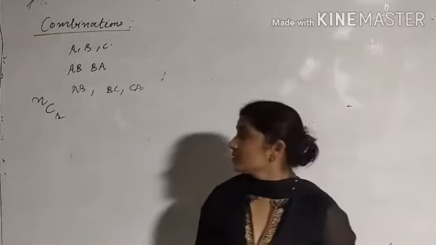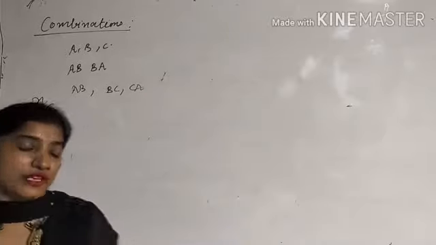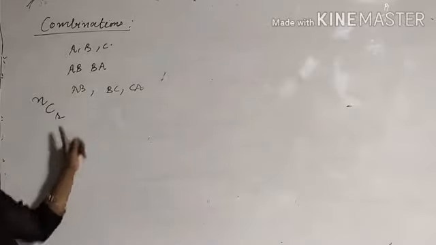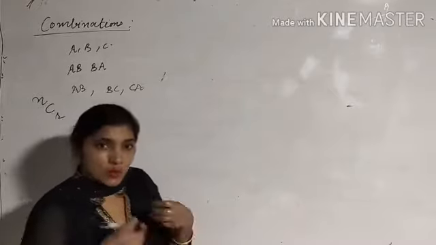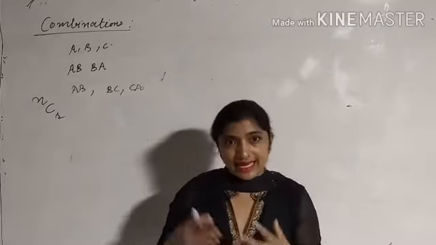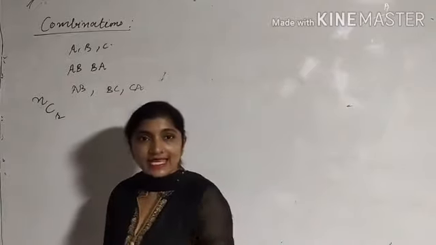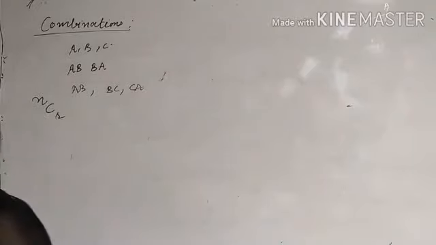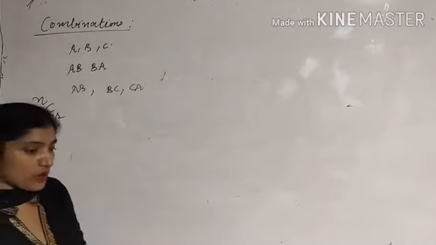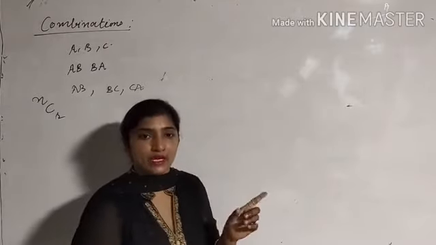Now to generate the formula for NCR, suppose we want to make groups of n objects taking R at a time. That means every time we have to make a group of R objects out of n objects.